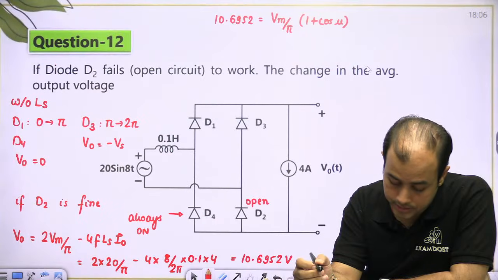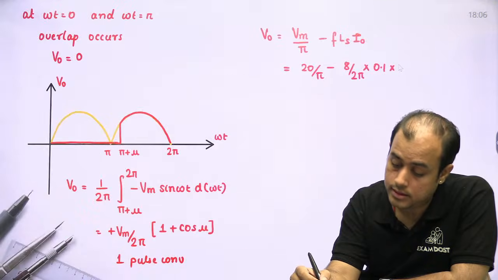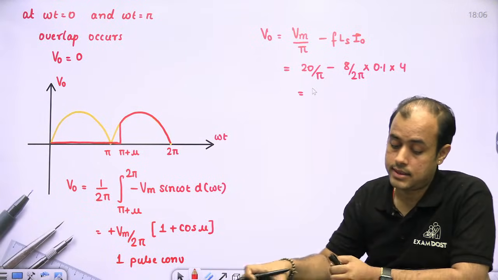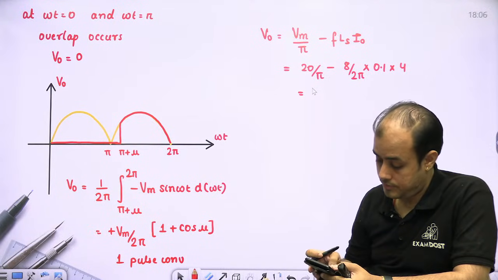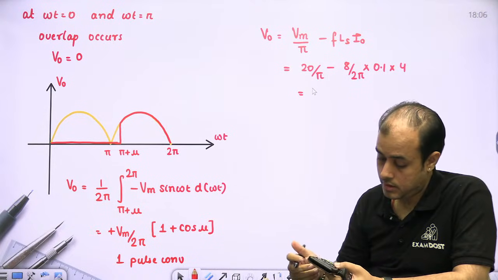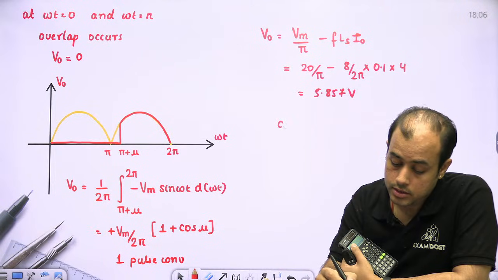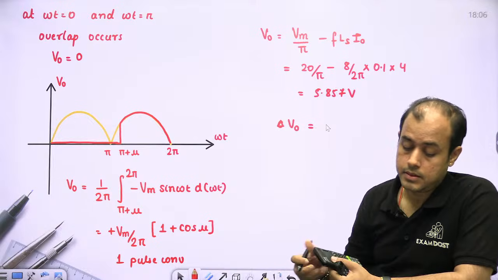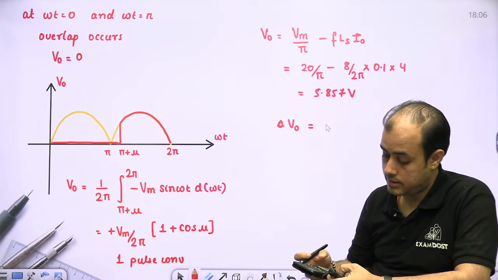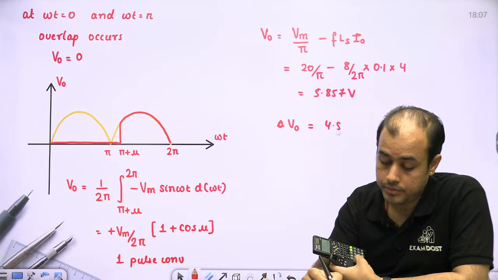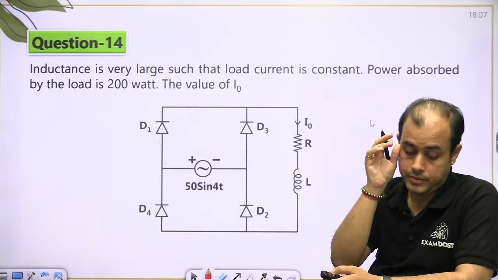LS is how much? आप म्यू को सेम मत मानिए. म्यू कैन चेंज इन बोथ द सिचुएशंस. म्यू हो सकता है चेंज हो जाए. 16 1.6 by pi, 32 3.2, 5.857. Change. Okay. 10.6952 is 4.8382. In both the cases, the change is 4.8382.